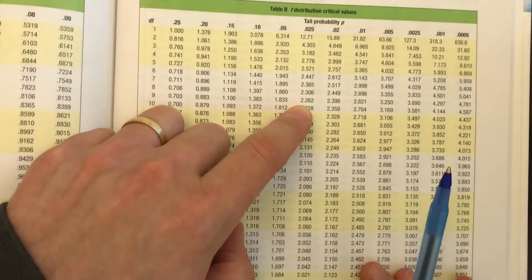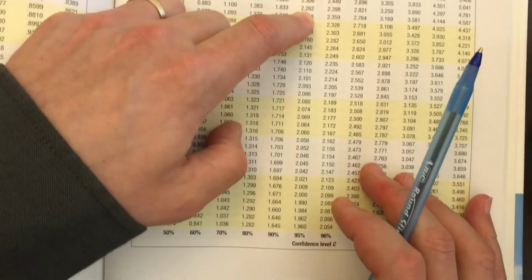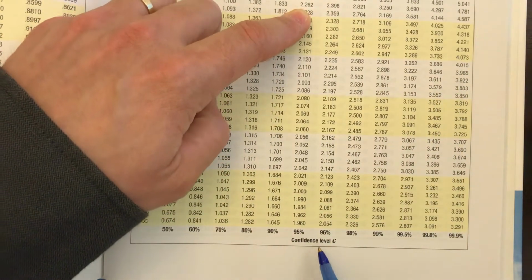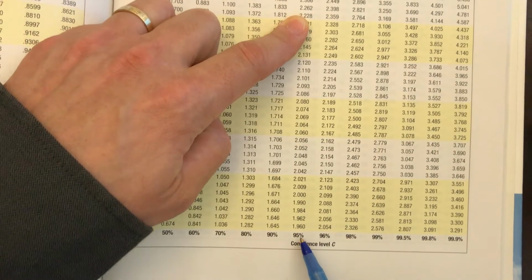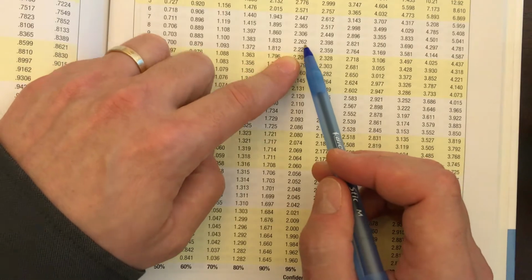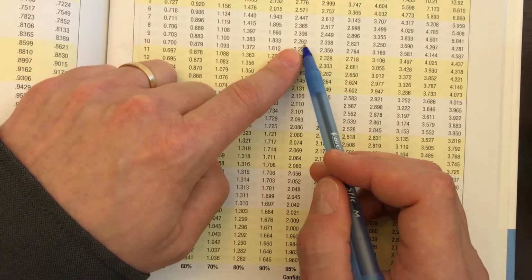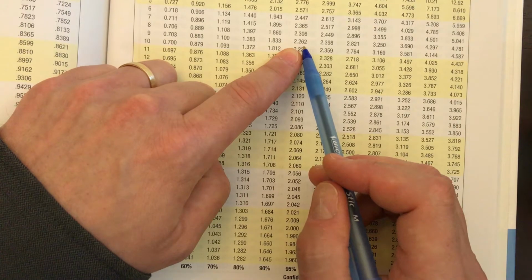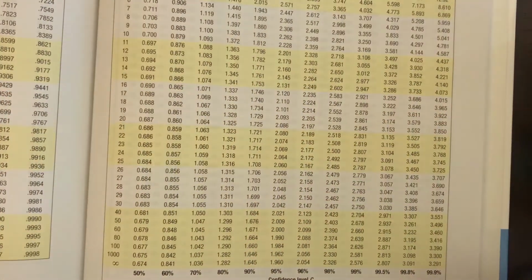A nice thing is that at the bottom of the table, it writes down confidence level C, so it might be easier to just say, there's the 95% confidence, and now I come up, and 2.262 is going to be my t critical value.